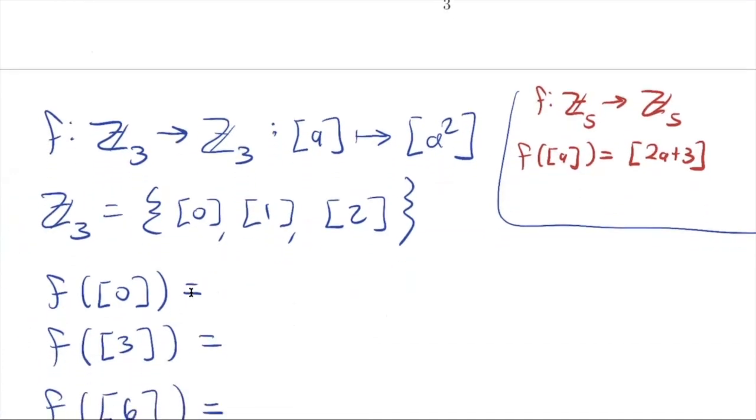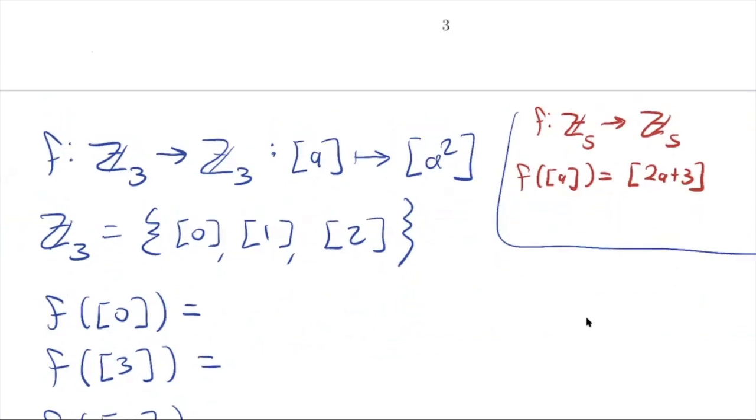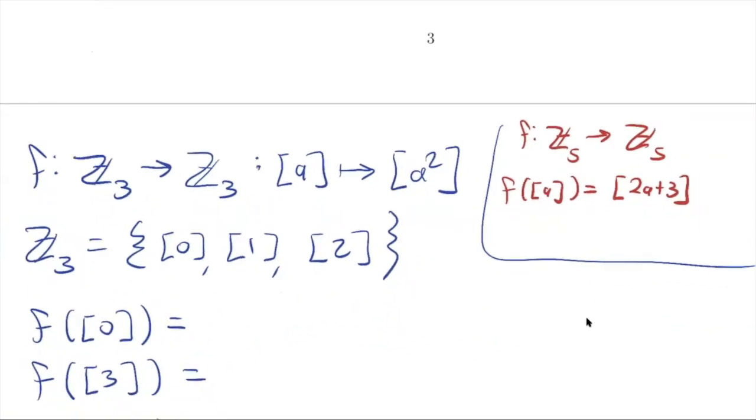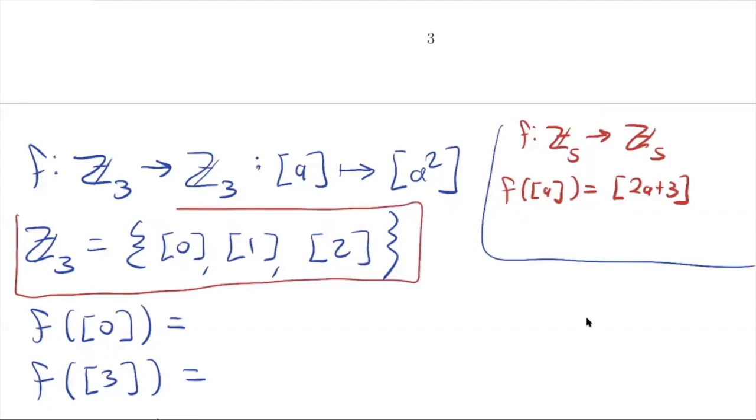Here's a similar one, just to motivate it. Instead of Z5, I'm going to say Z3 to Z3. What's important here is that Z3 is a partition of Z. It contains 3 sets: 0, 1, and 2. Equivalence class 0 would be all things that are divisible by 3.